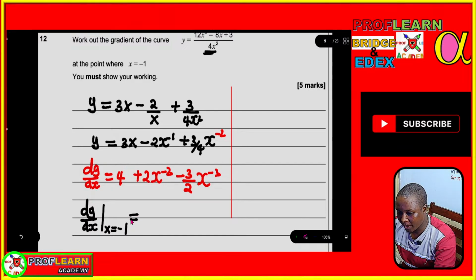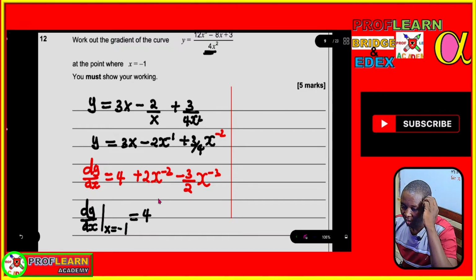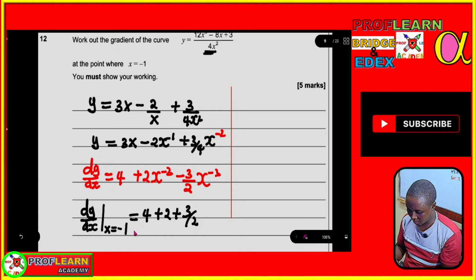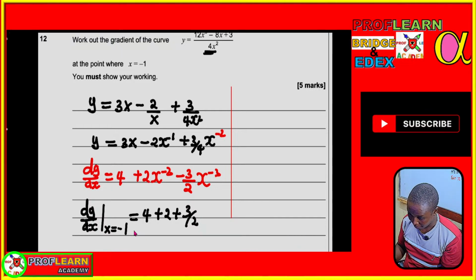In order to find that gradient, this is going to be 3. Negative 1 raised to power negative 2 is going to be equal to plus 2. And this is going to be positive 3 over 2 at that given point. So if we work that in the calculator, we shall say 3 plus 2 plus 3 over 2.